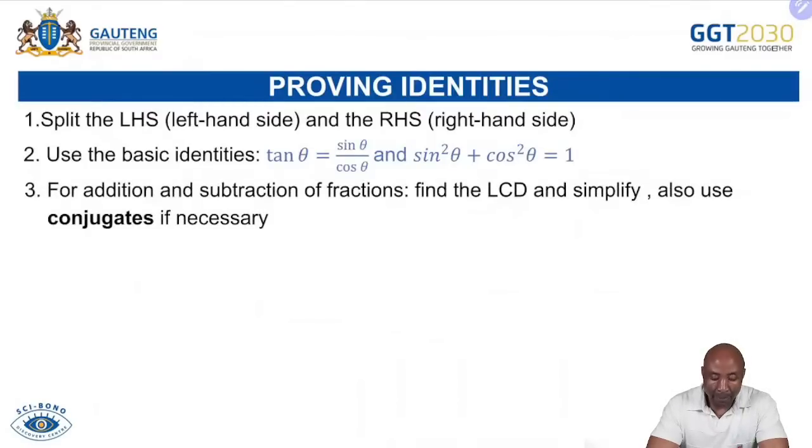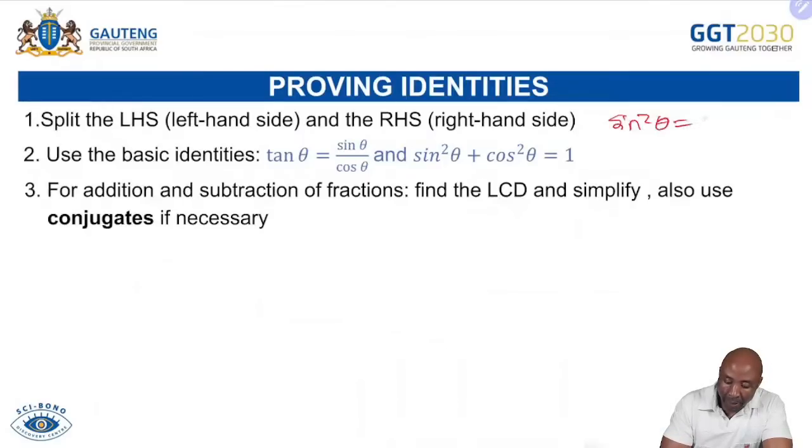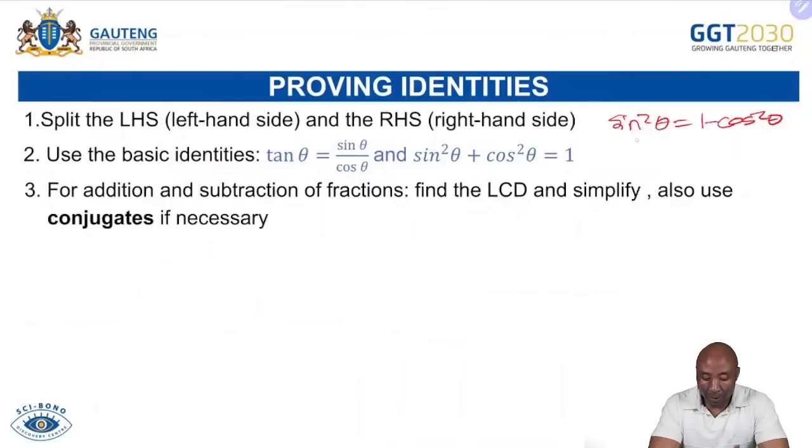And remember the other versions. Where I have sine squared theta, I can put 1 minus cos squared theta, and vice versa. Where I have 1 minus cos squared, I can put sine squared. Whichever makes life easier, it's what we should be using there.